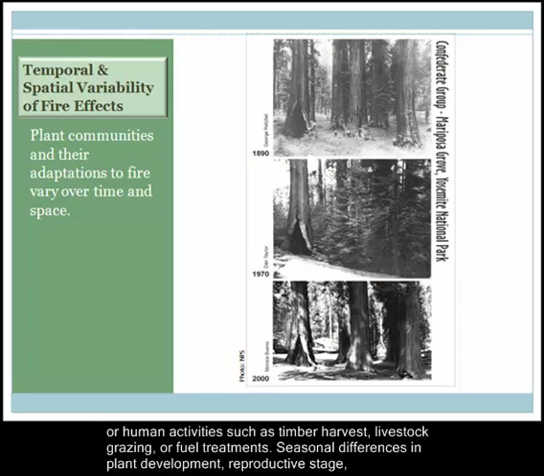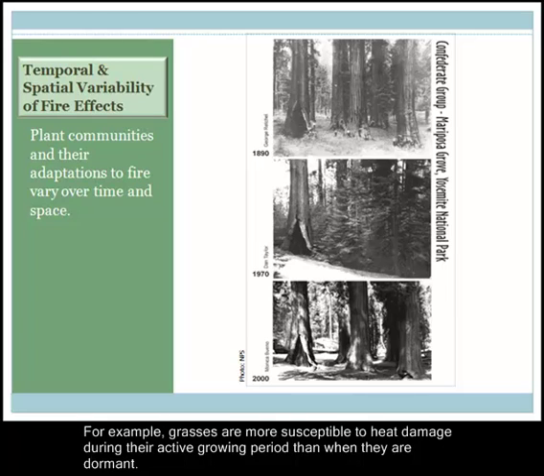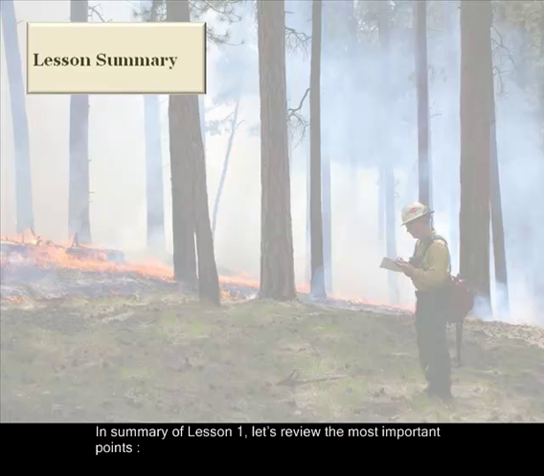Seasonal differences in plant development, reproductive stage, flammability and curing, and exposure of heat-sensitive structures lead to differences in plant responses to fire. For example, grasses are more susceptible to heat damage during their active growing period than when they are dormant.